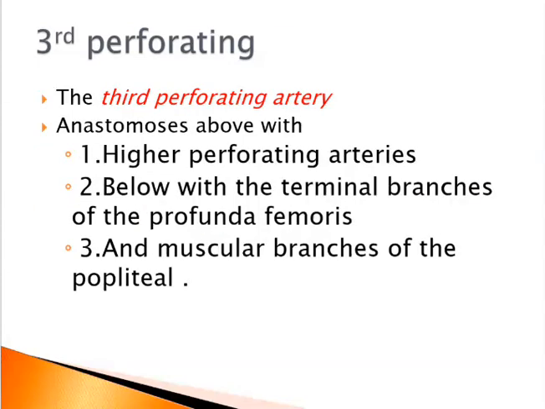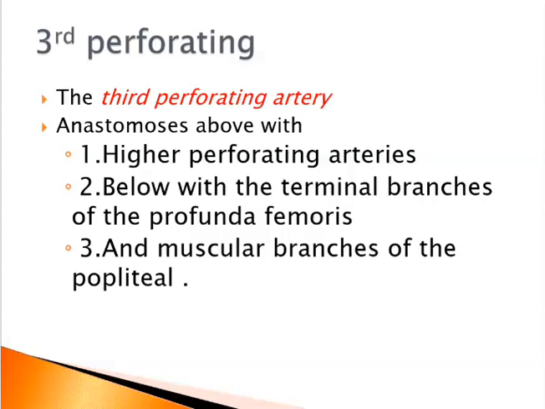Then we go to the third perforating artery. As we can see, it anastomoses with all the higher perforating arteries, both the first and second. When it comes below, it anastomoses with the terminal branch of profunda femoris, because that passes through the fourth opening. The fourth perforating artery is the terminating branch of profunda femoris itself.